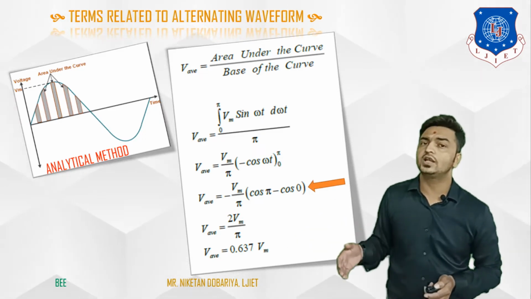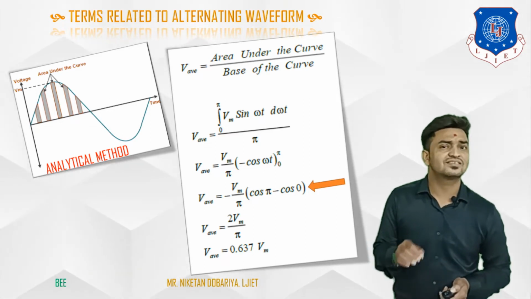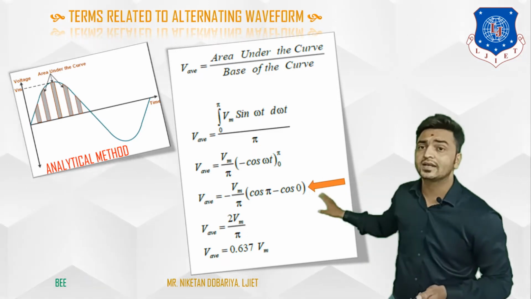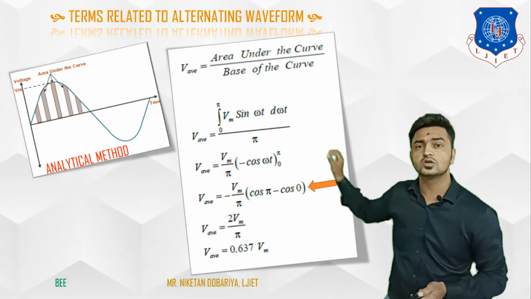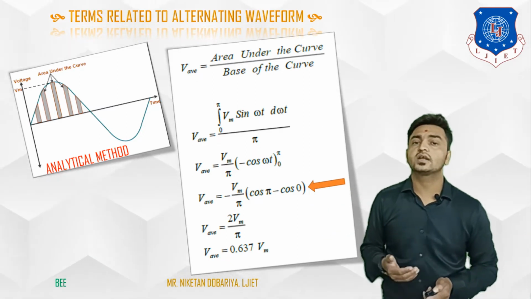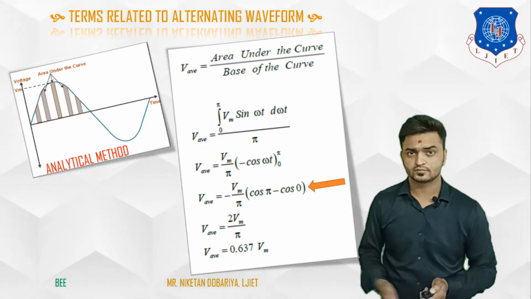If we find the value of 2 by pi, that will give 0.637 into Vm. So this is the final value of the average of this sinusoidal function. This is the method by which we can calculate the average value of a sinusoidal waveform.